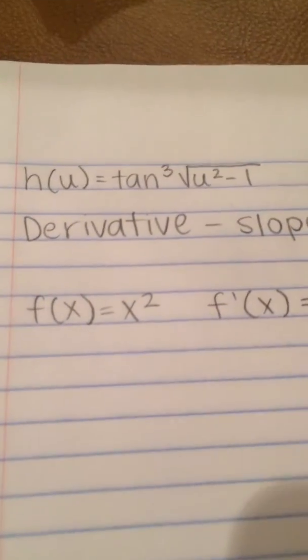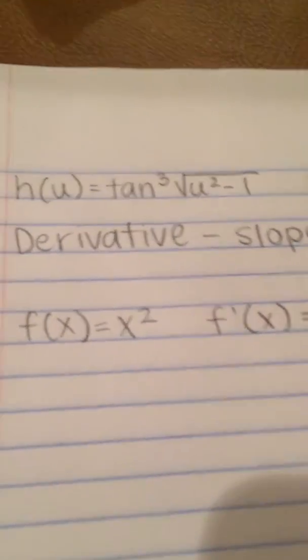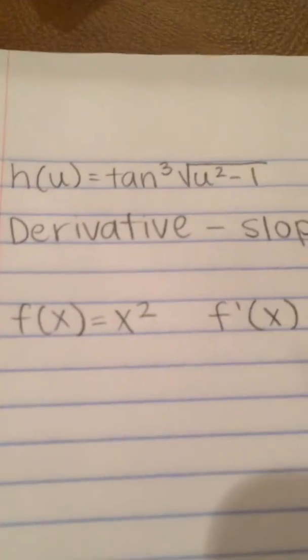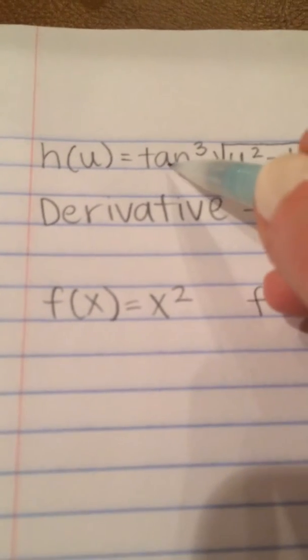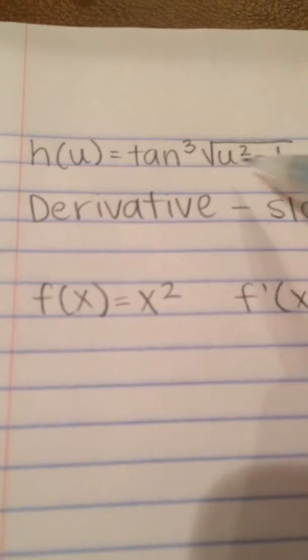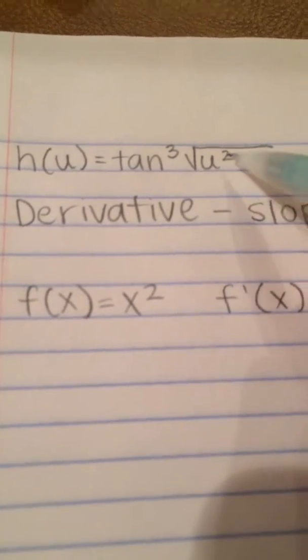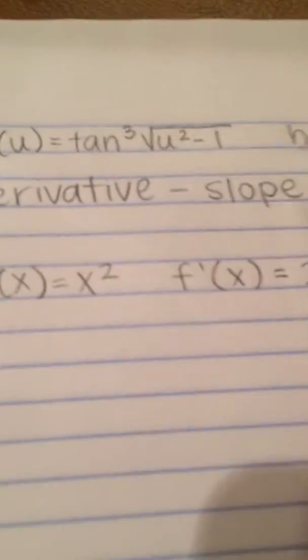See, the problem with the problem I have is that there's more than one function inside of it. As you can see, the outer function is tangent of the square root of u squared minus 1, all of that cubed.